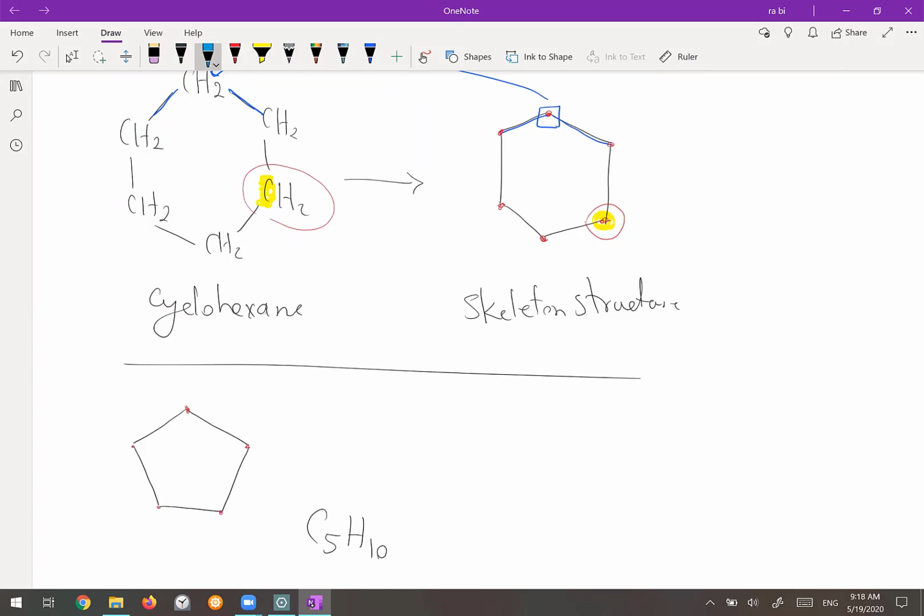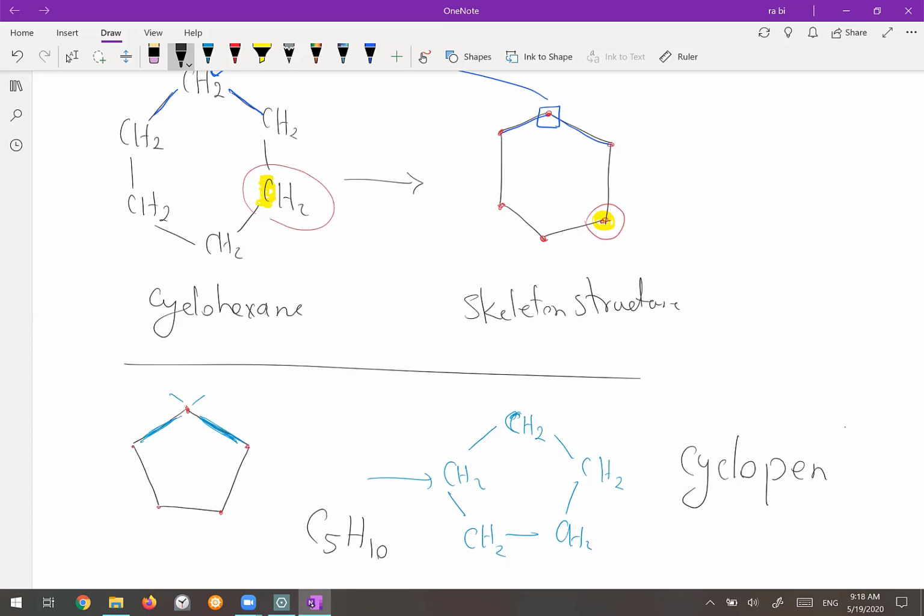So I know that at each corner I have a carbon, and that carbon is bonded to 2 other carbon by a single bond, as you can see here. So they need 2 bonds with the hydrogen to become complete. So at each corner I have CH2. And always in the cycloalkane, the members inside the ring are CH2 if you don't have a branch. So what is the name of this one? Cyclopentane. Exactly, it's cyclopentane.